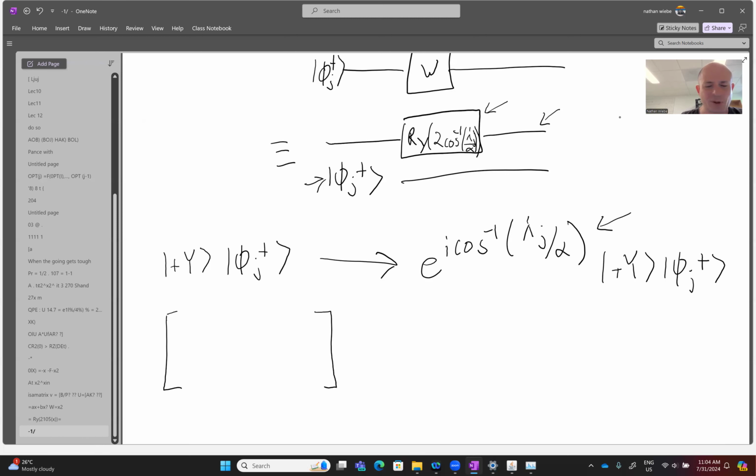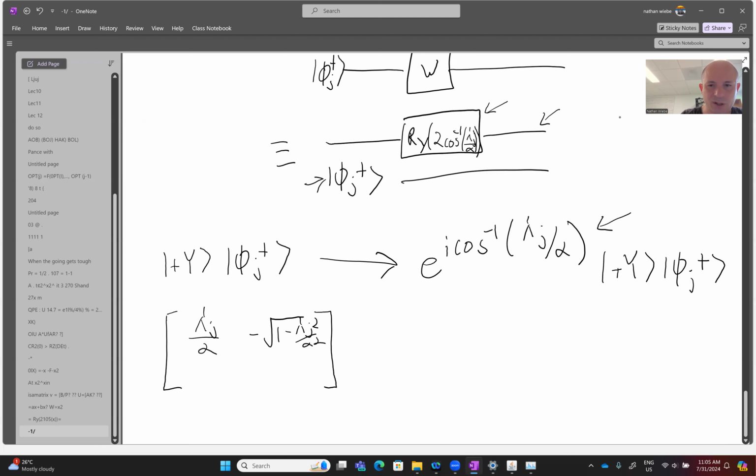This will end up looking like lambda j over alpha, negative square root of 1 minus lambda j squared over alpha squared, square root 1 minus lambda j squared over alpha squared, lambda j over alpha.